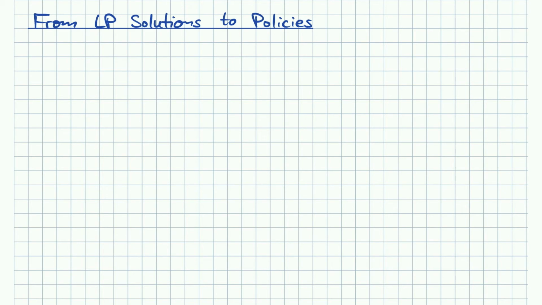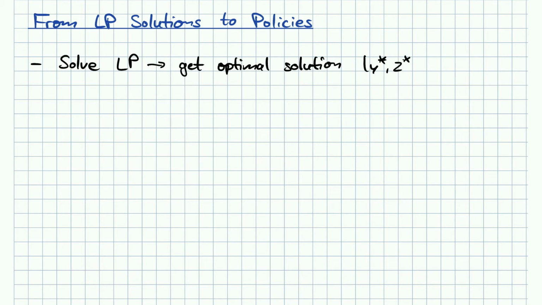Well, what we will do is we will solve the LP and get an optimal solution x star, comma z star. As we saw, this does not necessarily correspond to any policy.